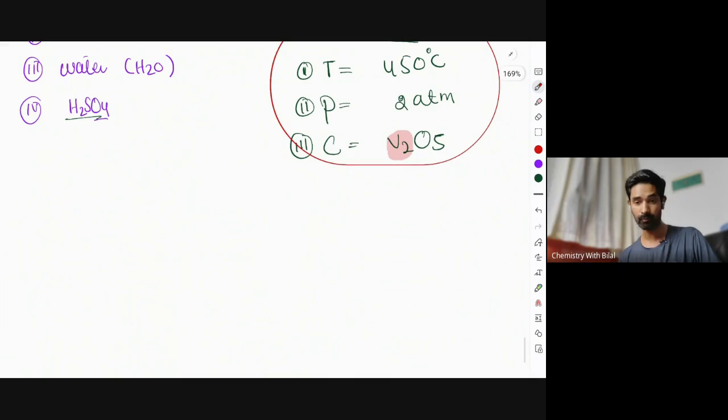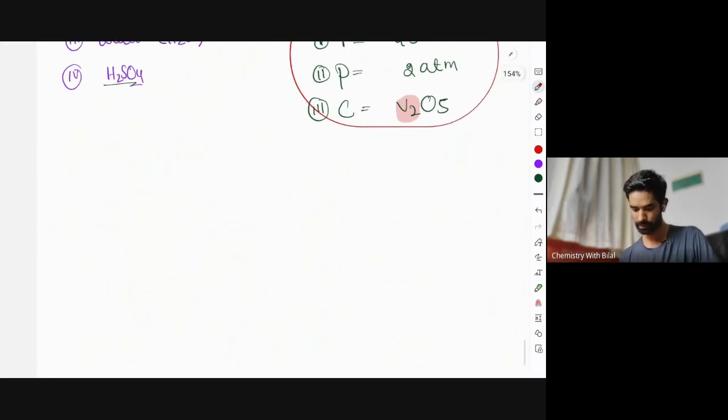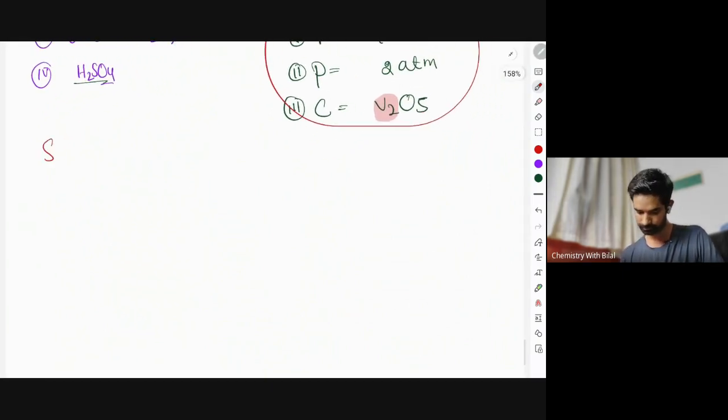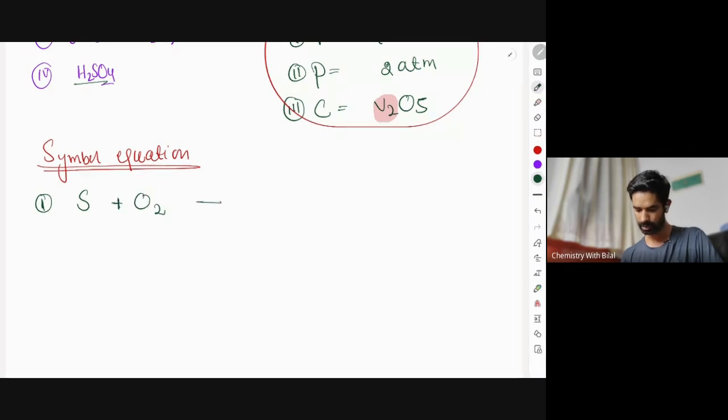It is very easy. I want everyone to practice with me. So, ready everyone? It's a 4-step mechanism basically. I want everyone to write with me. In the first reaction, sulfur is burned in excess supply of oxygen to get sulfur dioxide.